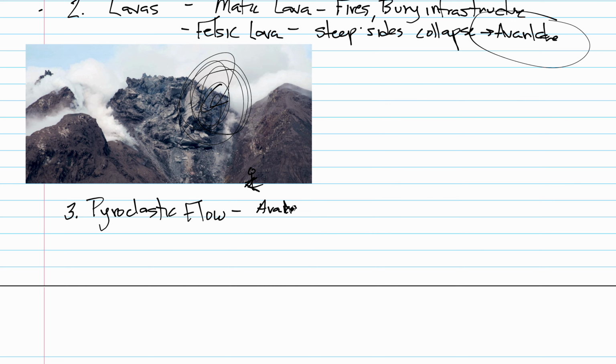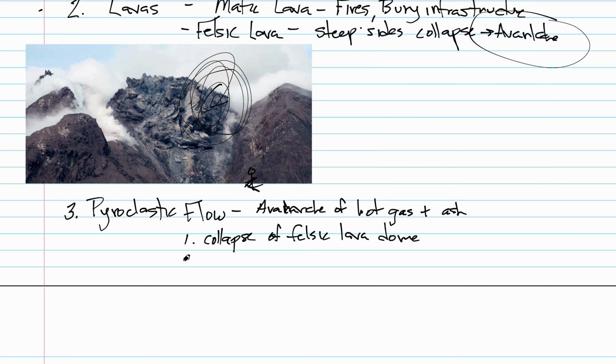They form in 2 different ways. They form either one from collapse of felsic lava dome, that's an easy way to produce an avalanche. The second way is from collapse of Plinian eruption column.